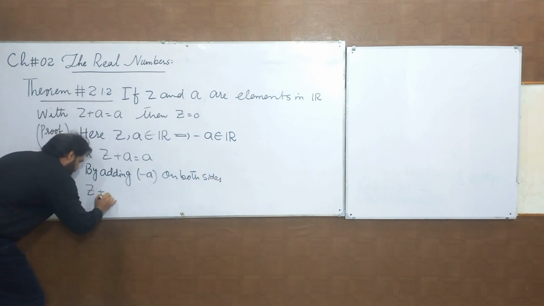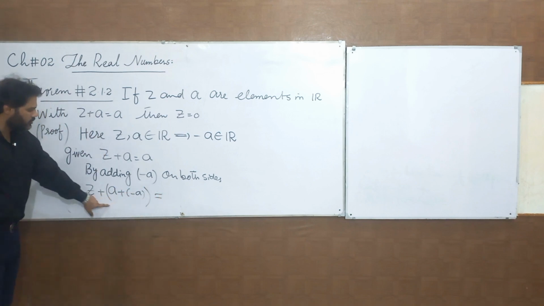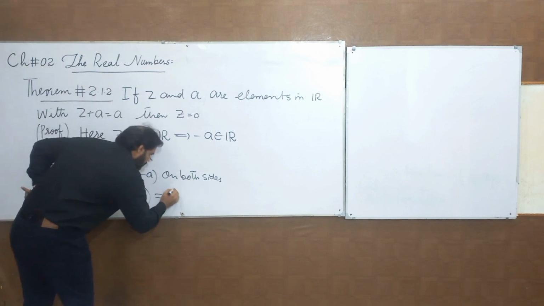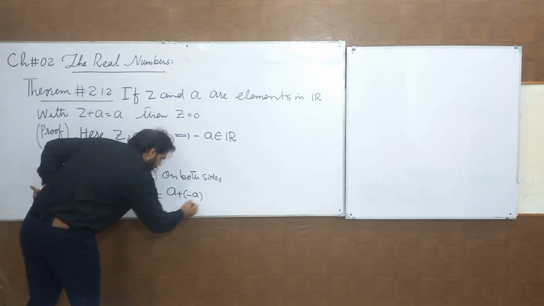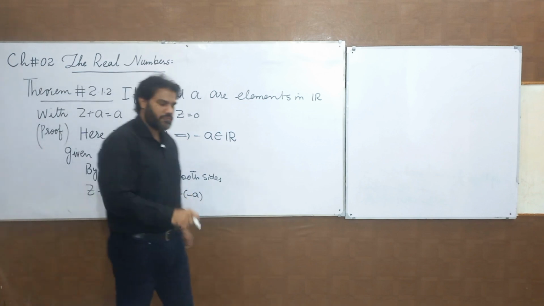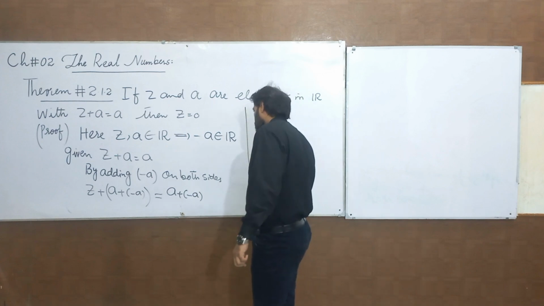This gives z plus a minus a, and I am using the associative property also. So this becomes a plus minus a. As you know, a and minus a are the additive inverse of each other, so their sum is the additive identity, 0.